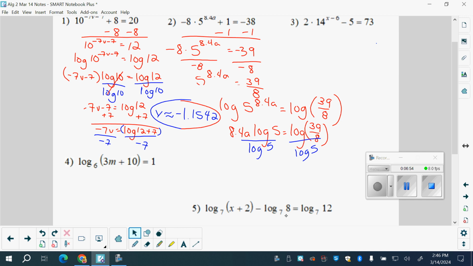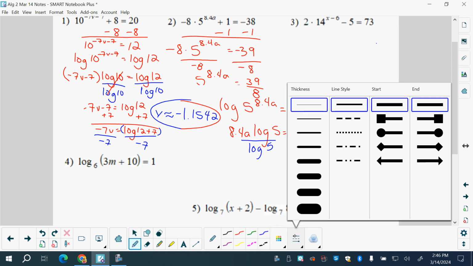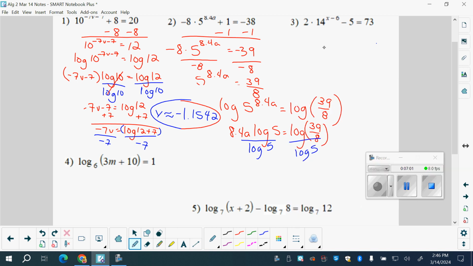So we're going to get 8.4a equals the log of 39 over 8. And if you want to change that to a decimal, that's exact, over log 5, and then one more step. Divide by 8.4.